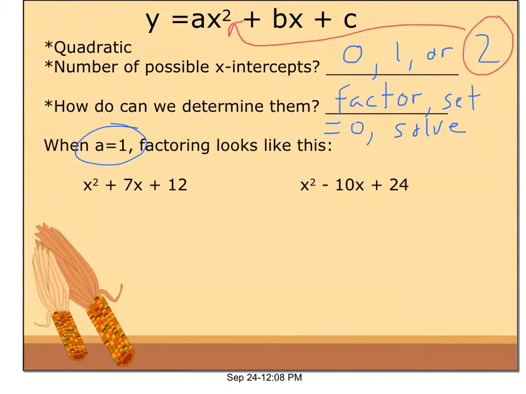These are the cases when a, the number in front of x squared, is 1. Here our factoring techniques are fairly straightforward. You take that last number at the end, and I simply want 2 factors of 12 that add up to 7.